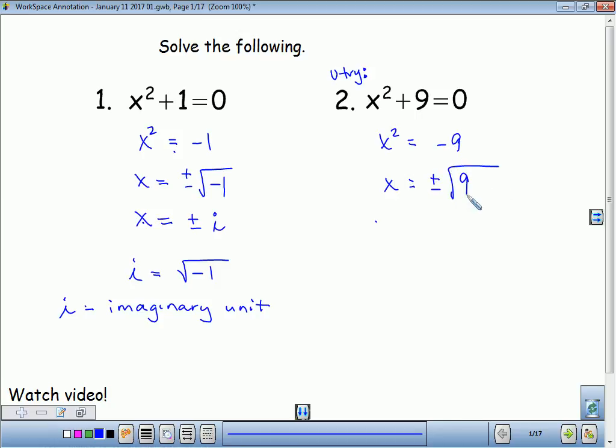Well, -9, isn't that 9 times -1? Yes. And the square root of 9 we know is 3, and the square root of -1 we just defined as i. So this is pretty simple to solve. It's positive or negative 3i.